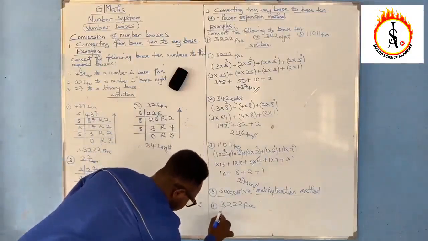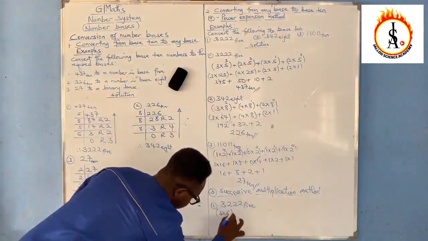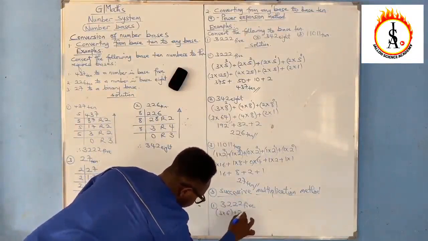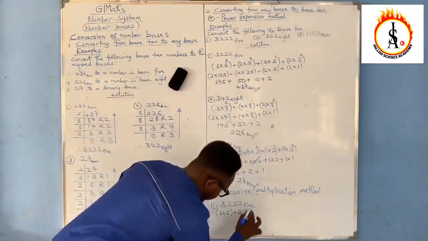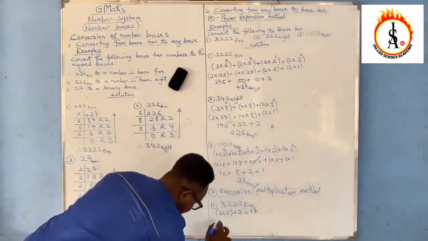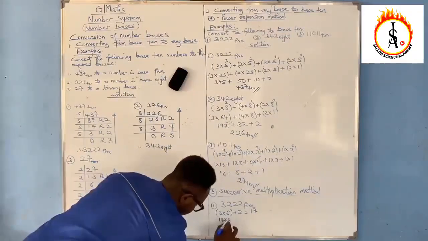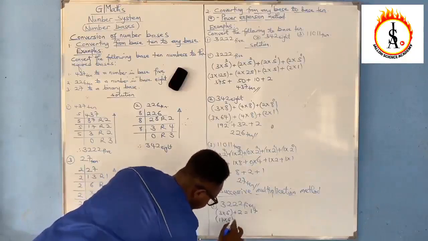We take this first number 3, we multiply it by the base 5, and to it we add these 2. 3 by 5 is 15, plus this 2 is 17. Then this answer that we've arrived at, 17, we multiply it by 5, and to it we add this other 2.